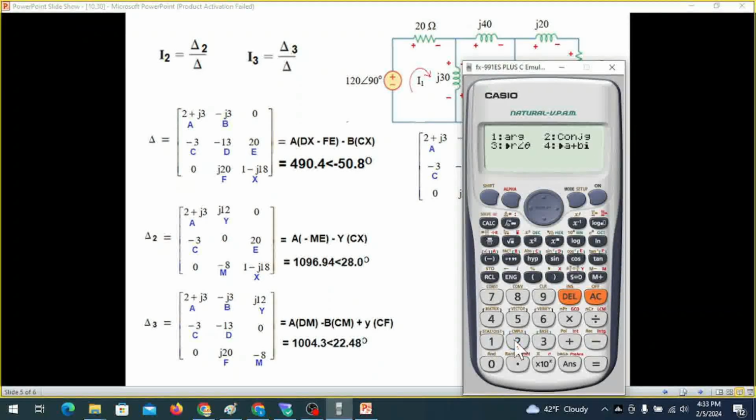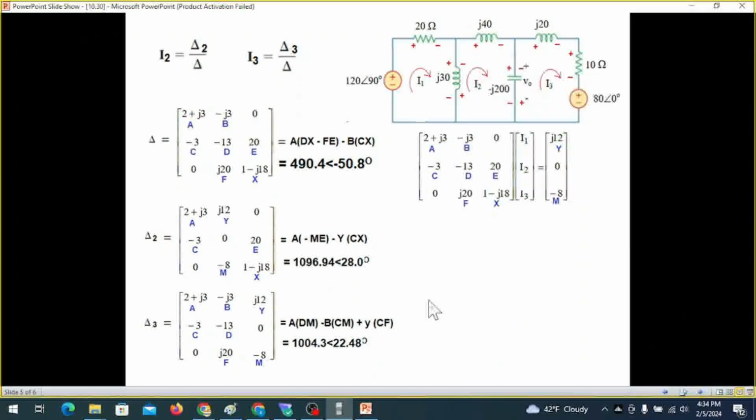Shift, complex, 3 for R theta, equal sign, SD button, 1004.3 and angle 24.48.